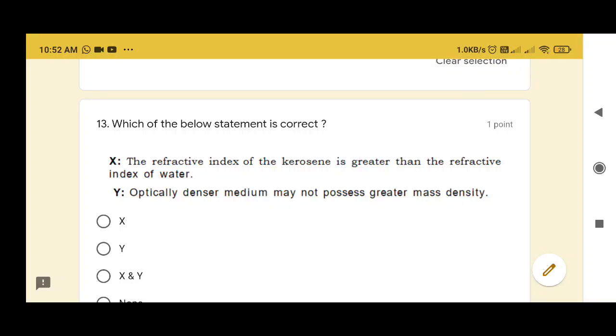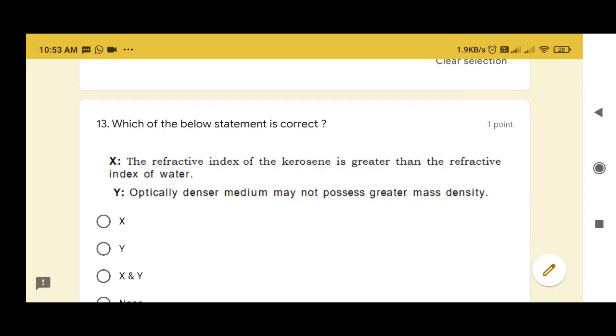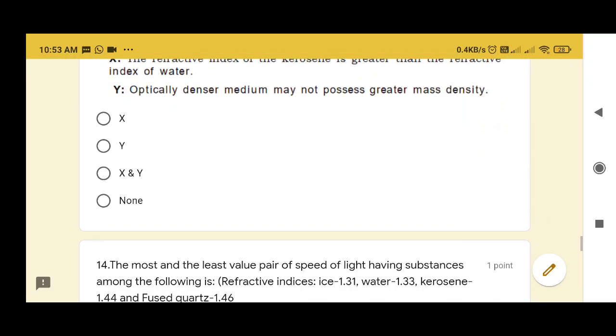Here both X and Y are correct, because the refractive index of kerosene, 1.44, is greater than the refractive index of water, 1.33, even though the mass of kerosene is less than the mass of water. That's why optically denser medium may not possess greater mass density. Both are correct, that is X and Y.